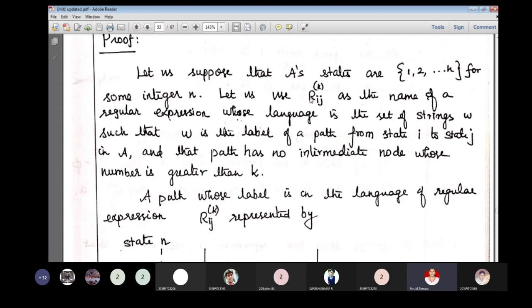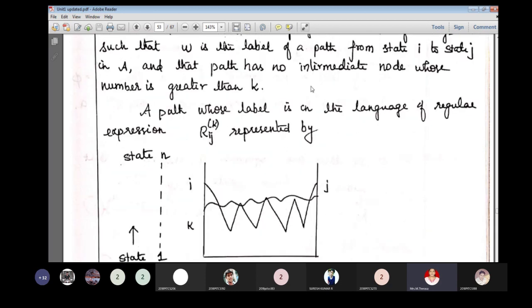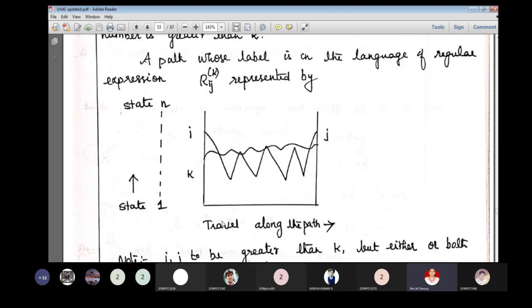So we are going to have a regular expression R i j power k. Here i is any initial state we are going to consider, j is any final state we are going to consider, and k is the set of intermediate nodes. Clear? A path whose label is in the language of the regular expression. So travel along the path from i to j via some states. Those states are nothing but some k, for which you start from the states 1 to n.